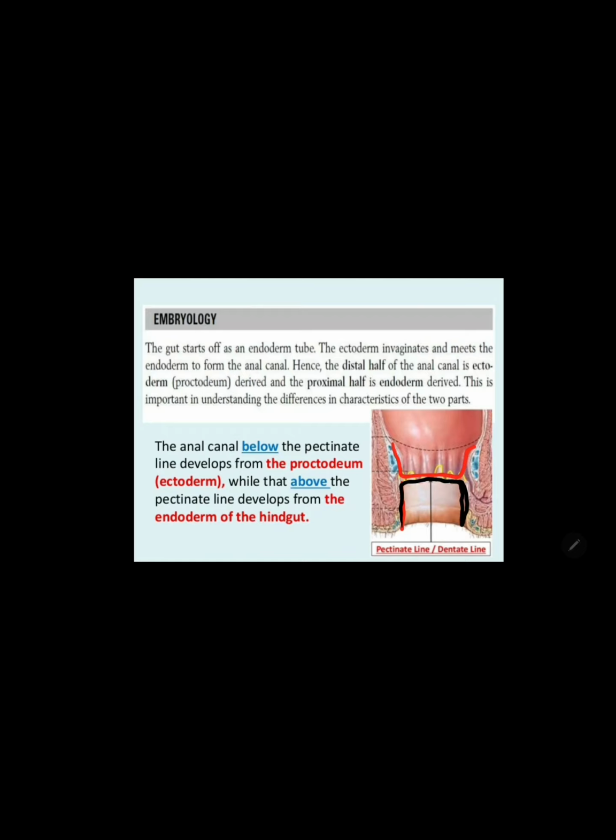The ectodermal part is derived from the structure called the proctodeum, whereas the upper part is derived from the endoderm, that is the primitive rectum and anal canal, from the cloaca. So a line between them is called the pectinate line. It divides the endodermal and ectodermal sources of development of the anal canal.